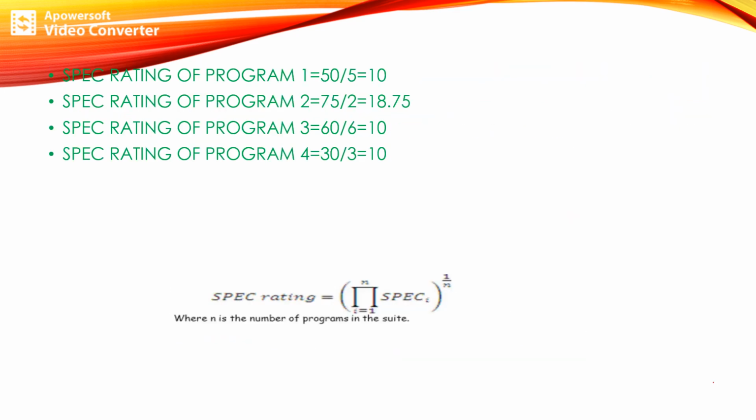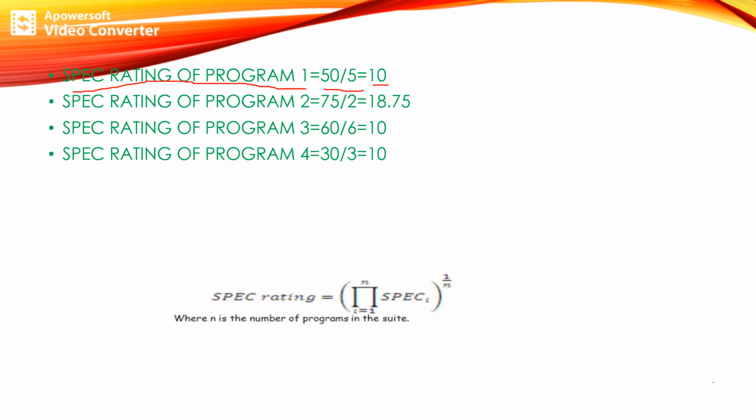Now for program 1, the running time on the reference computer is given as 50 minutes and the running time on the new computer is given as 5. So I compute the SPEC rating for program number 1: running time on the reference computer, 50 minutes, divided by running time on the new computer, 5, we get the value as 10.